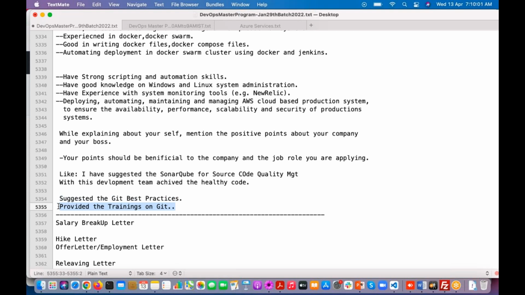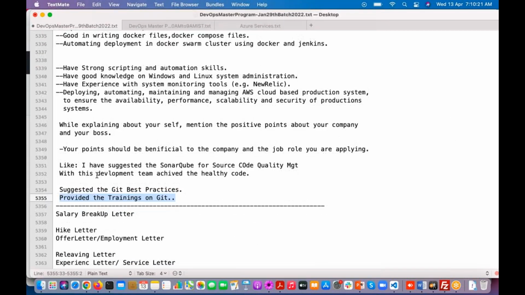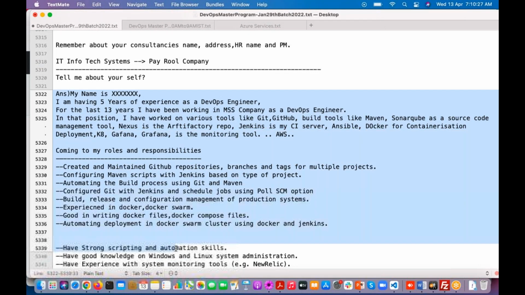Some developers still don't know how to use Git and GitHub, so I have provided many sessions in my organization. Clear? You can explain it like that in tell me about yourself. You have to prepare your own way.